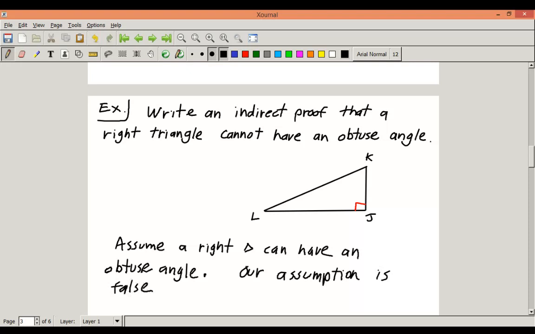And so it must be true that a right triangle cannot have an obtuse angle because we assumed it could. That led us to a problem, a contradiction, and so our assumption was false, and it must be true that a right triangle cannot have an obtuse angle.